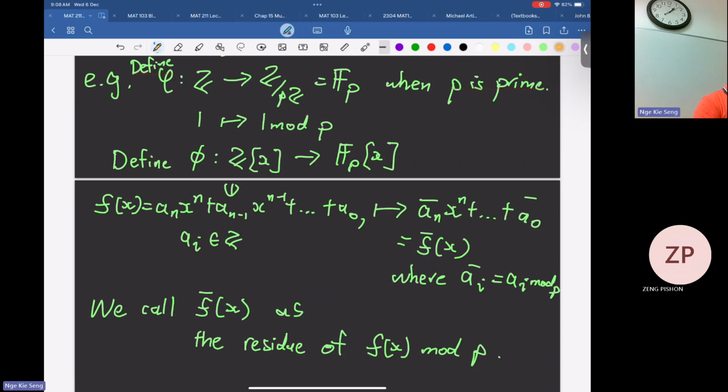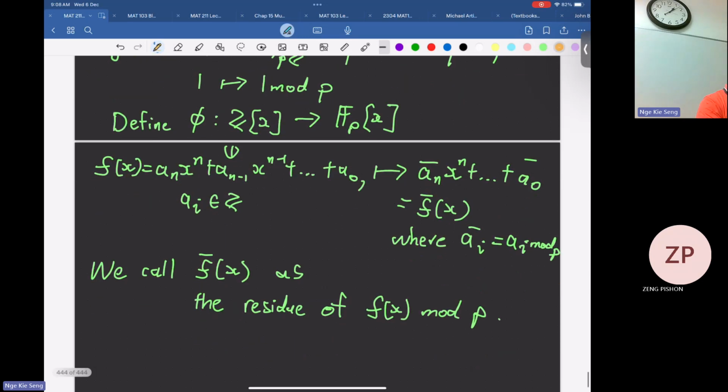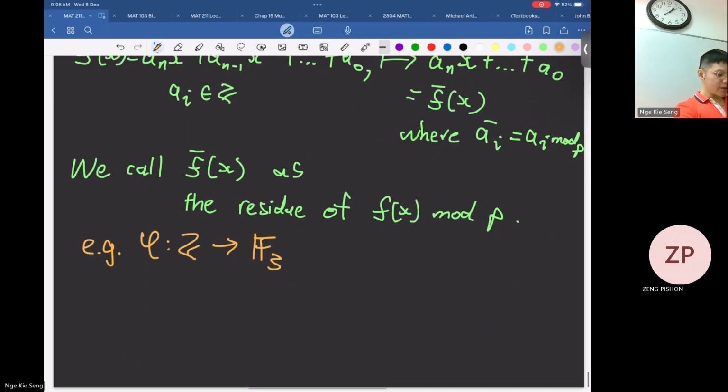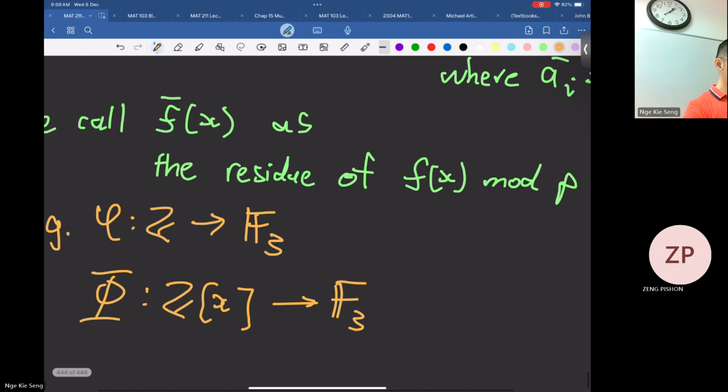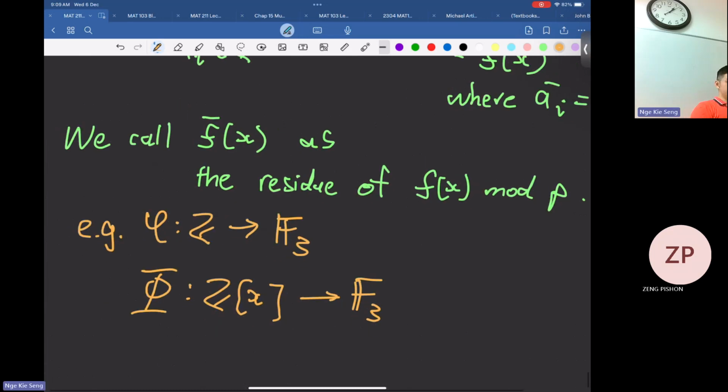Okay, let's go down one level to a specific example. Let's look at phi from Z to F_3, and the ring homomorphism from Z[x] to F_3.